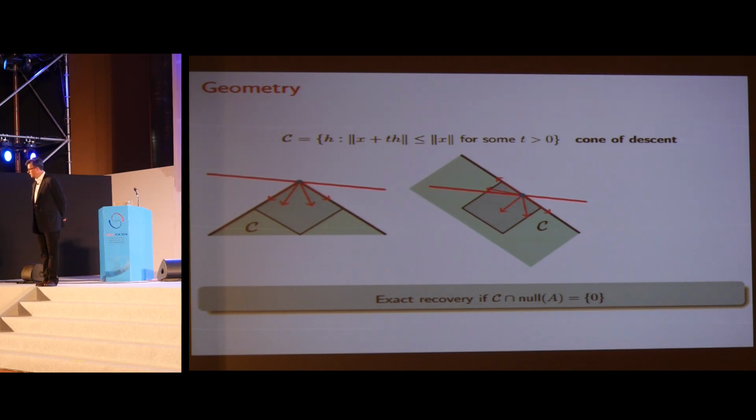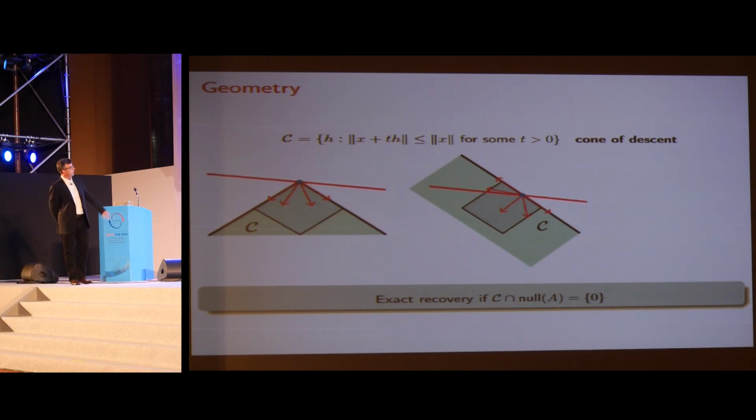Now, one way to express this is via the cone of descent. The cone of descent of a norm at x is essentially the set of directions h that would not increase the value of the norm. That's called the cone of descent. I'm sorry, I don't have a pointer. The cone of descent is this cone.